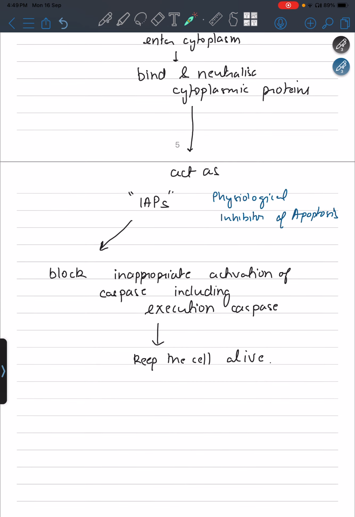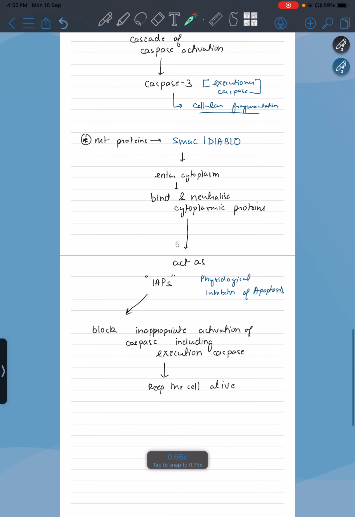They prevent the inappropriate activation of caspases and keep the cell alive. So this was all about the intrinsic pathway of apoptosis. We will discuss the extrinsic pathway as well as the events in the execution phase in the next video.